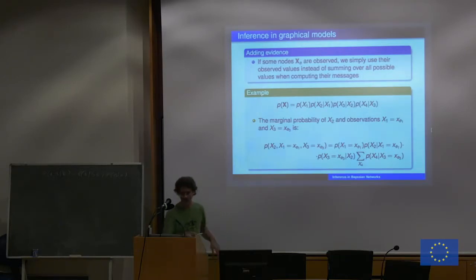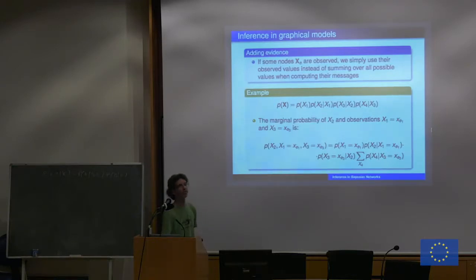So, for instance, a simple case with a chain with 4 nodes. Suppose you're interested in computing the probability of x2 given x1 that takes a certain value, xe1, and x3 that takes a certain value, xe3.